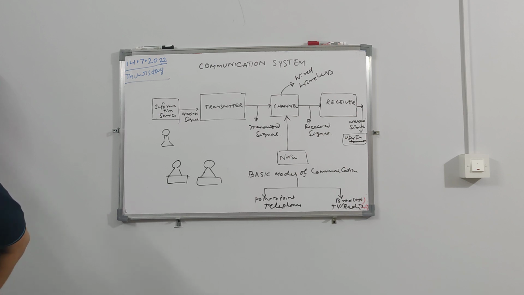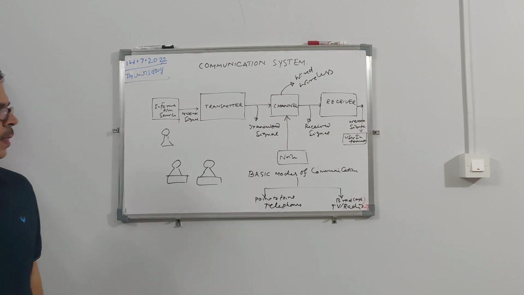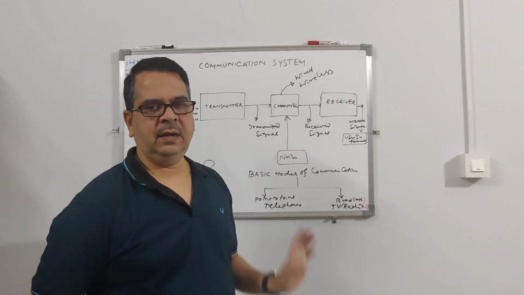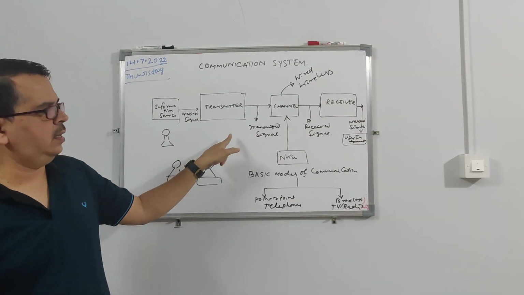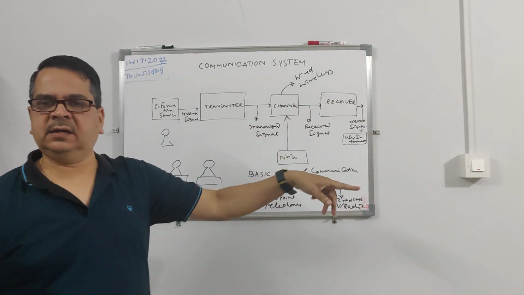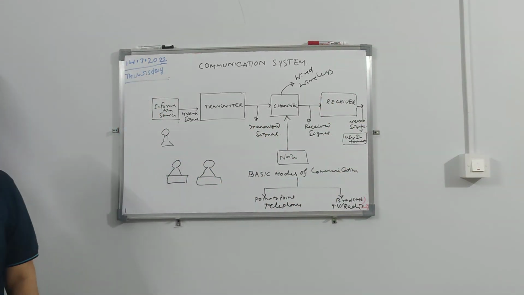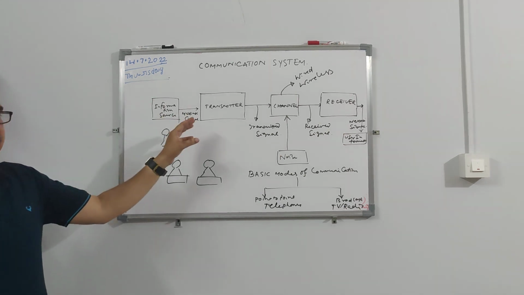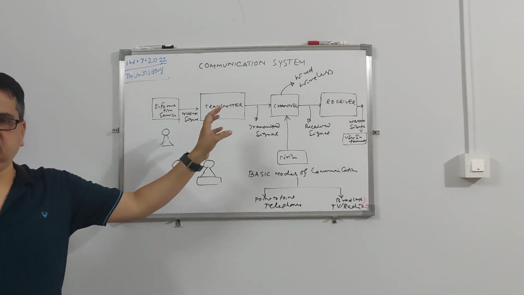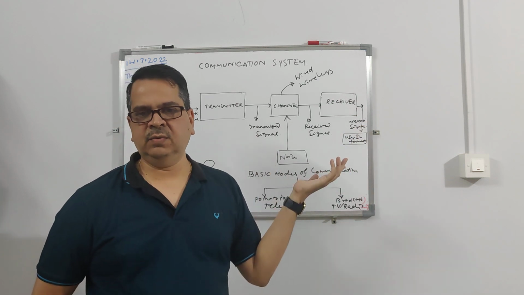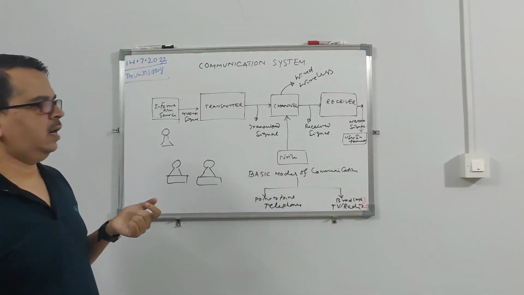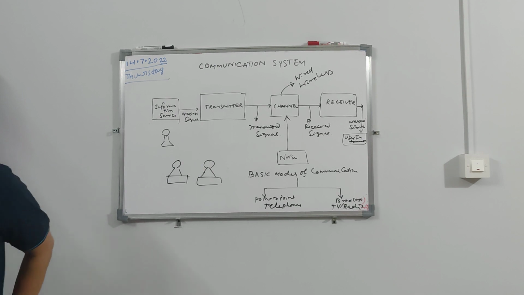The output of the information source is a non-electrical signal, like a voice signal. So you are giving a voice signal, converting it to electrical, and at the end that electrical signal is converted into a voice signal again. That will happen at the receiver end.